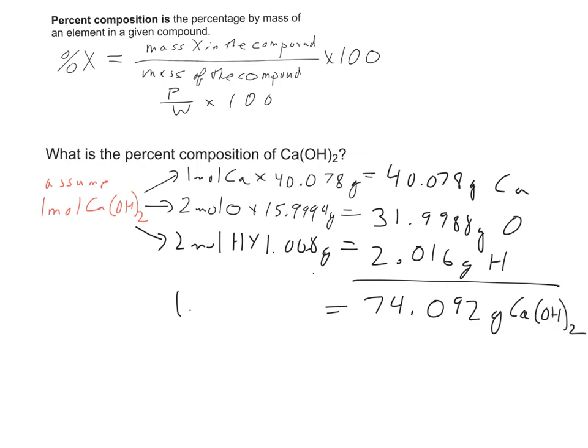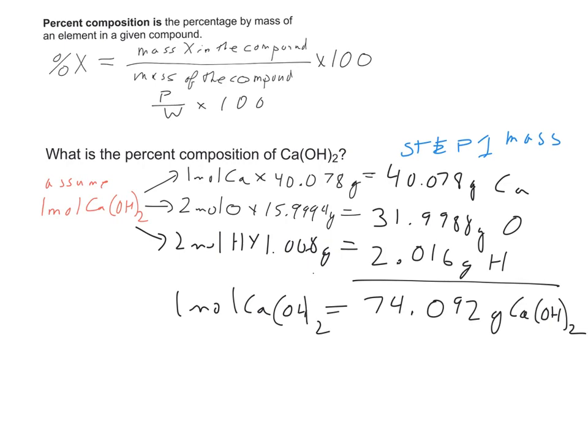in 1 mole of calcium hydroxide. So to get my percent composition, what have I done? Step 1, mass of everything, right? I figured out the mass of each element and I figured out the total mass. So to figure out my percents, I'm simply going to do some division here.